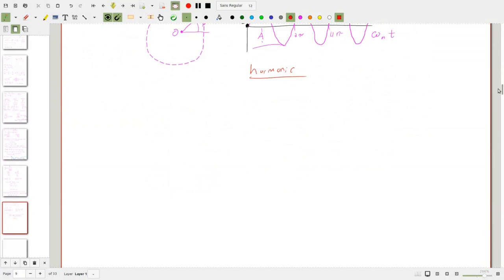Okay, so remember from the first day of class, what's the best way to solve an ODE? To guess, right? So we're going to solve our ODE here by guessing. So the mathematical modeling of free vibration.